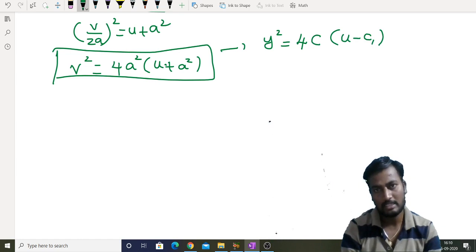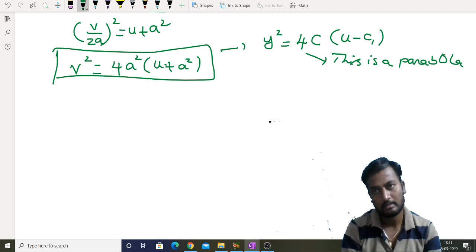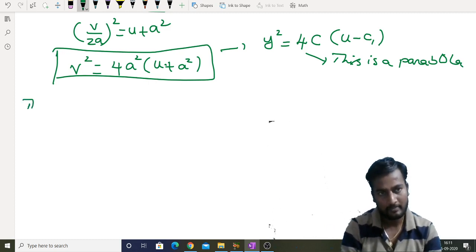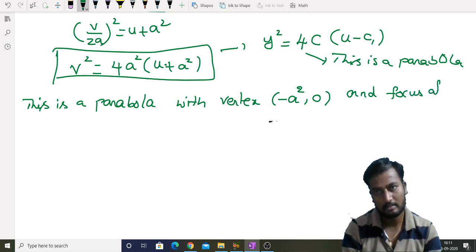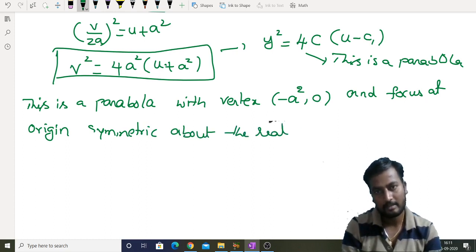So this is a parabola, with vertex minus a square comma 0, focus at origin, and symmetric about the real axis.